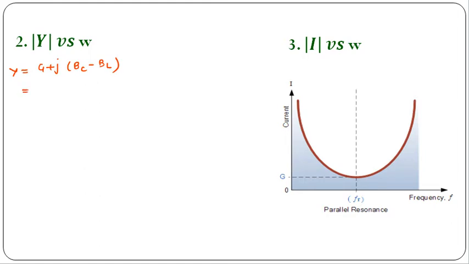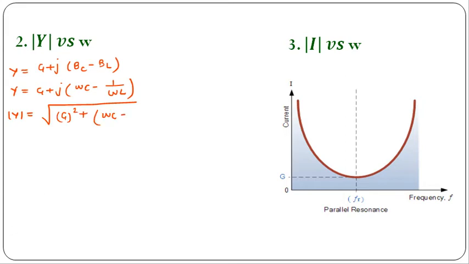So this will be equal to G plus j, where BC is 1 by XC, so this can be written as omega C minus 1 by omega L. Okay, so now if we calculate the magnitude of the admittance, that is mod Y, it is given by square root of the real part G squared plus the imaginary part (omega C minus 1 by omega L) whole squared.